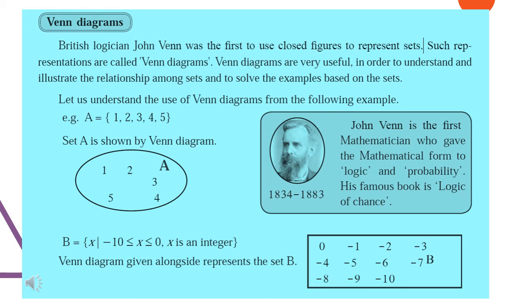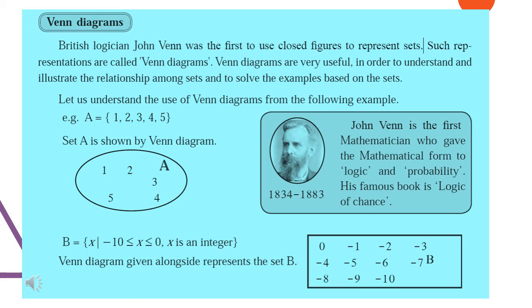Okay. Then B. B is equal to x such that minus 10 is less than or equal to x and x is less than or equal to 0 and x is an integer. So they have given us a relation for x. Okay, so x is an integer. Integers include positive numbers, negative numbers and 0. Now here they have given x is less than or equal to 0.